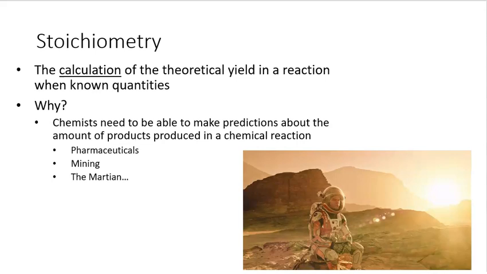All right, so stoichiometry is a calculation method, right? So just like we've been doing all year long in chemistry, lots of mathematical application. This is your algebra-based science requirement, by the way. So stoichiometry is a calculation of a theoretical yield.